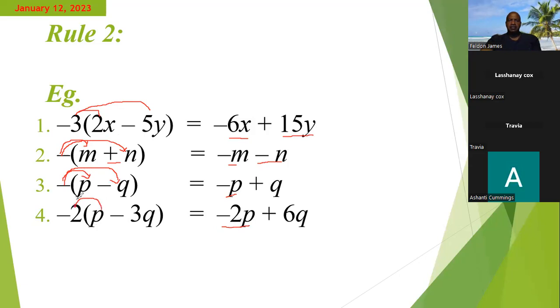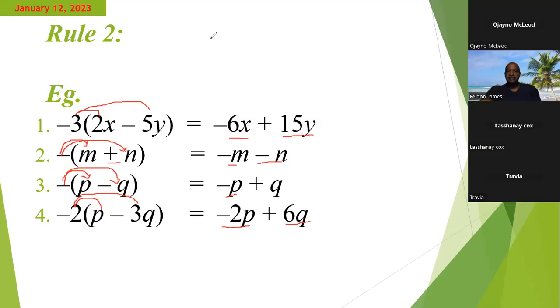And -2 times -3q, negative times negative gives you a positive. So that will give you a positive 6q. All right. Everybody is okay with that? Let me see your hands if you're okay with that, students.